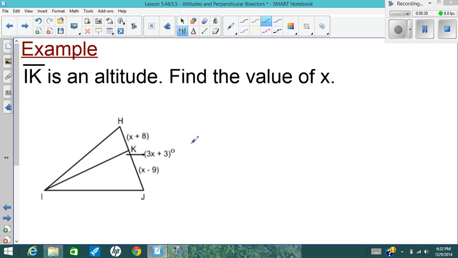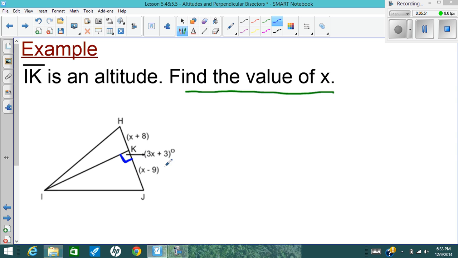Go ahead and pause the video here. Notice that IK is an altitude, and we want you to find the value of x. So similar to one of the problems we had before, since IK is an altitude, we know we have a right angle right there, which is 90 degrees.